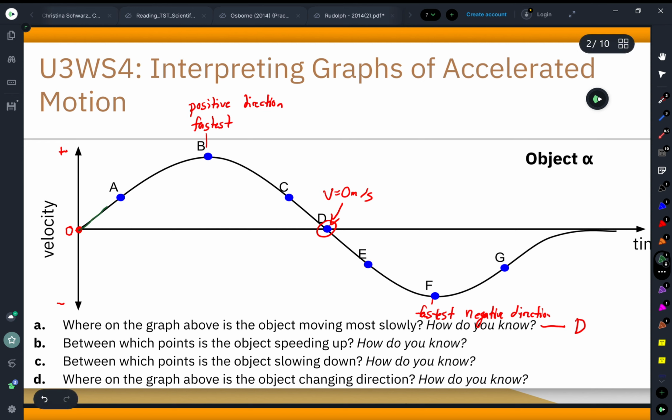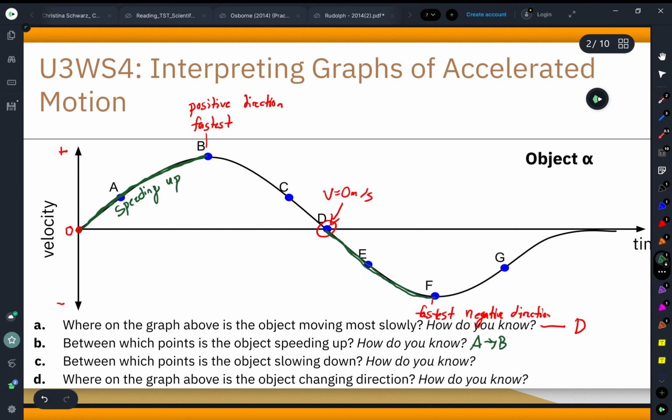That occurs in the entire region from the origin up to point B. That is where it is speeding up, because the velocity is getting bigger and bigger. It's really the start to point B, but I'm just going to go between which points, so A to B. There's another region where it's speeding up, and that is from D to F.